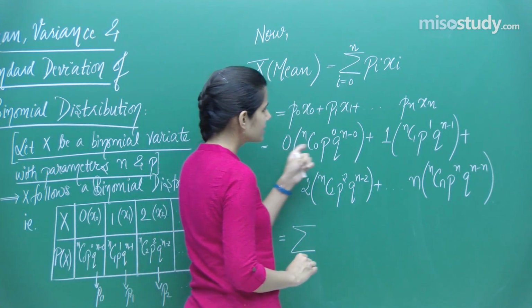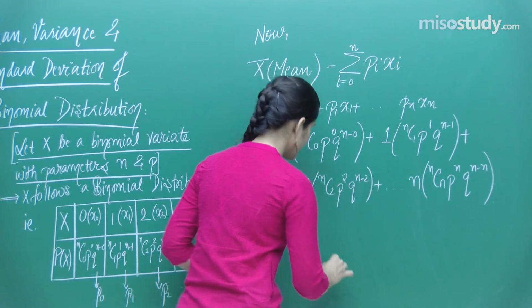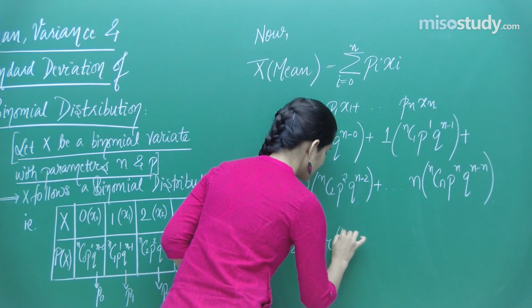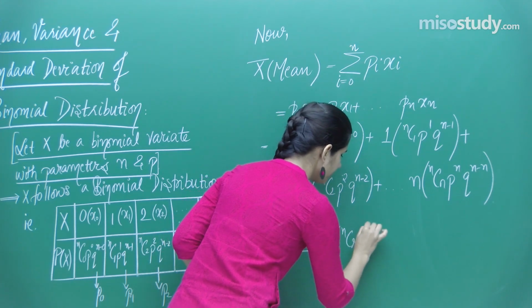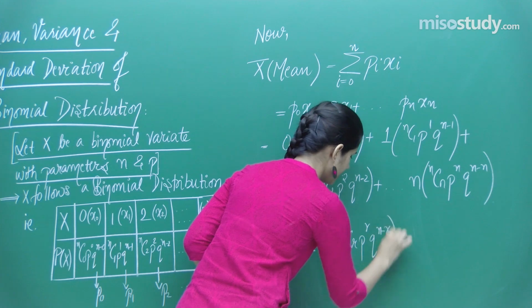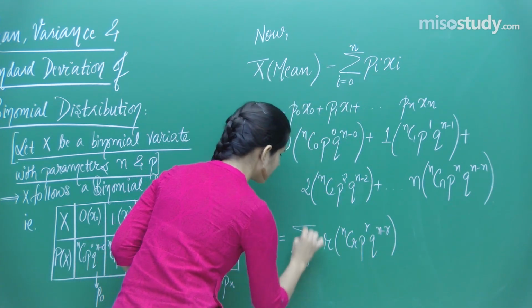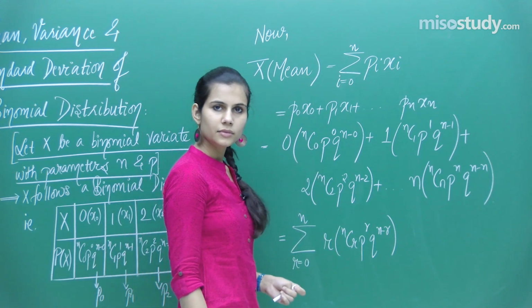Let us now write this in the compact form. I can write this as 0, 1, 2 and so on till n. I can write it as r, NCr p to the power r q to the power n minus r, r is going from 0 to n, right?